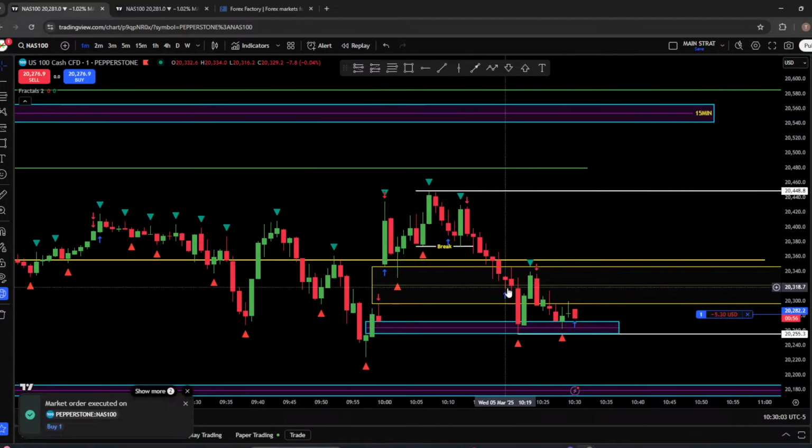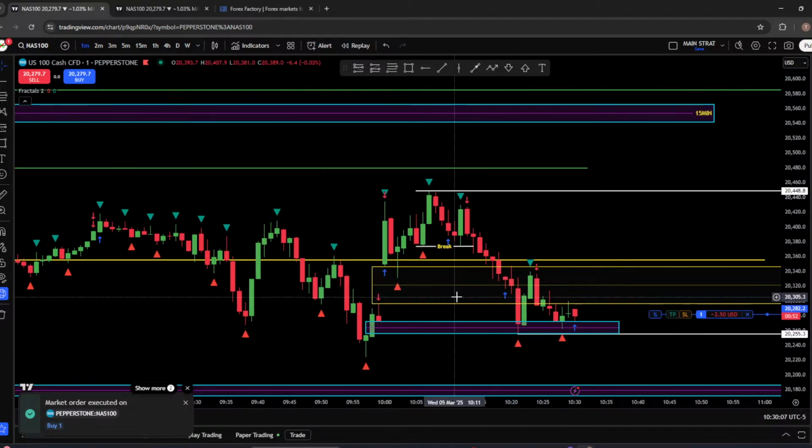I'm actually going to take a buy here with the stop loss here, just because the risk to reward is so nice.